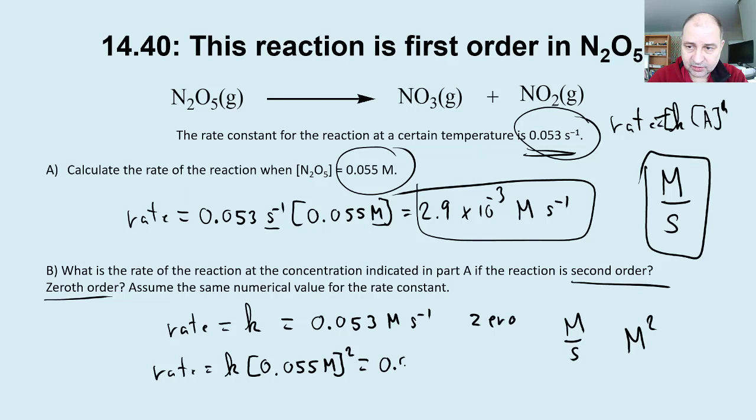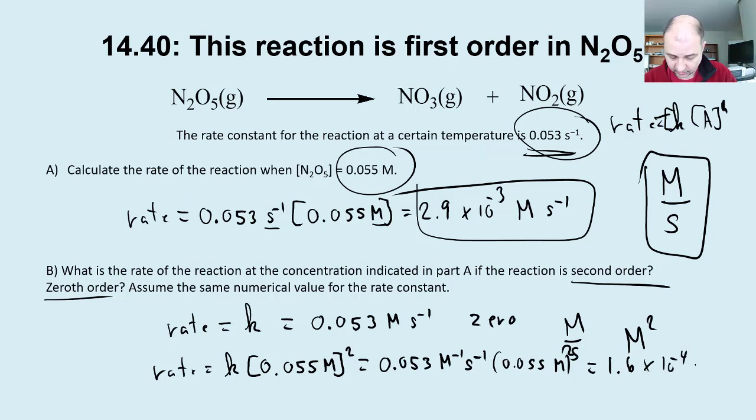So 0.053 per molar per second. So that when you square 0.055 M, one of the molar M's cancels, and our rate is going to be in molar per second. I don't remember what that is, so I have to look this up. And this is equal to 1.6 times 10 to the minus 4 molar per second.